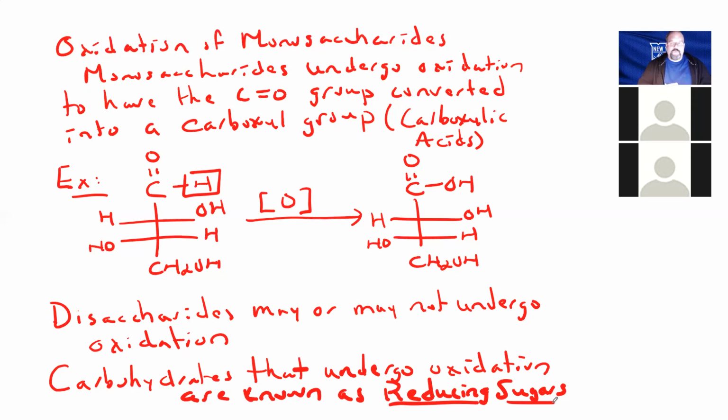But what it's reacting with to cause it to undergo oxidation, that other substance is being reduced. And you had a chance to look at that in the carbohydrate lab when you used Benedict's reagent and also with Barfoed's reagent as well. Especially with Benedict's reagent, when Benedict's reagent causes a carbohydrate to undergo oxidation, the copper in the Benedict's reagent is reduced. And it's a nice way of seeing the carbohydrate undergo oxidation because the copper changes from blue to red. Otherwise, you can't tell at all that the carbohydrate is undergoing oxidation.